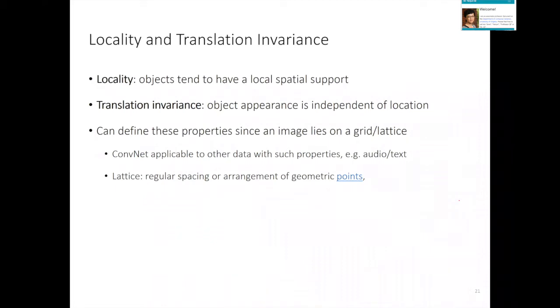This is called translation invariance. Object appearance is independent of the locations. So you can think about convolution neural nets as just modeling local motif patterns that are translation invariant.